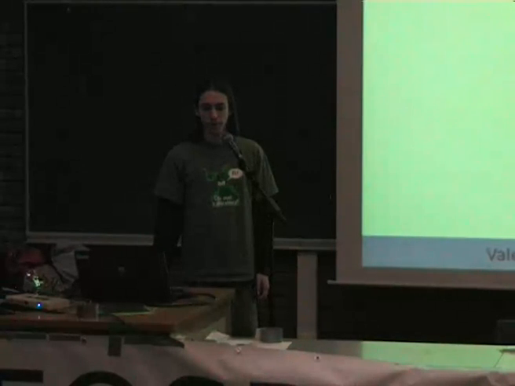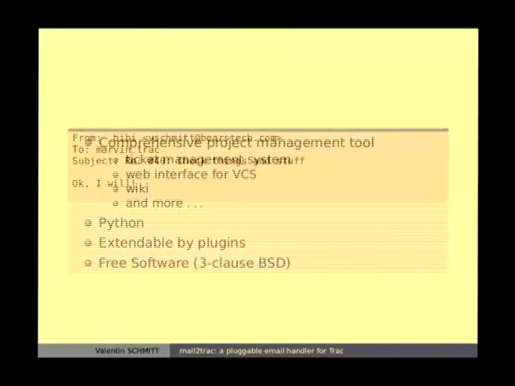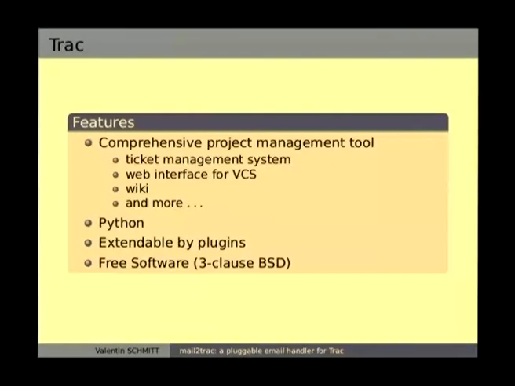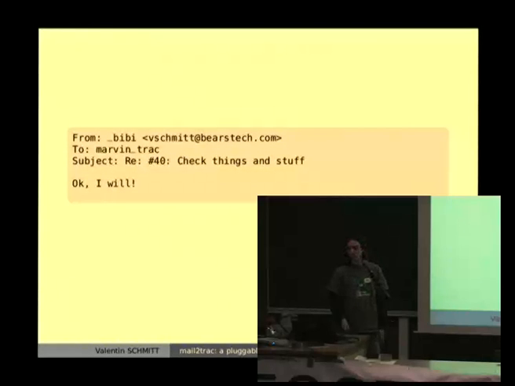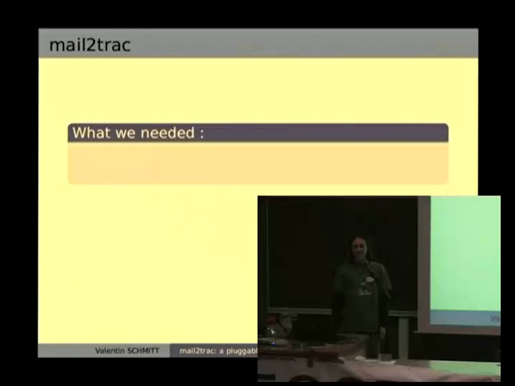So, about that, you can get email notifications when you're using Trac. That's quite convenient. And if you want to reply to one of these notifications, which is quite intuitive, this is basically what you get. Nothing. We are using a lot of Tracs at my company.